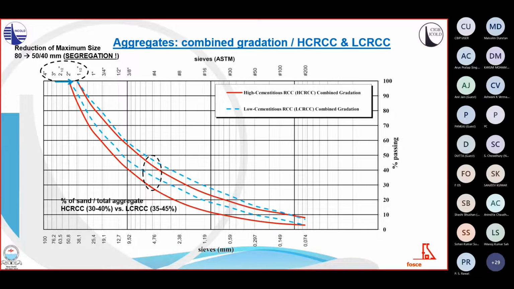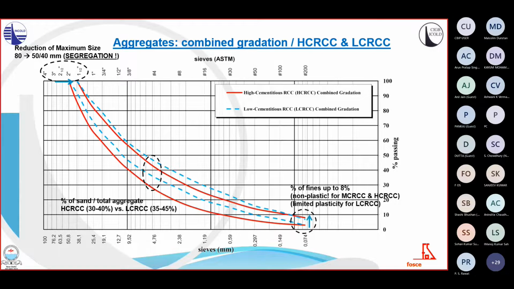Second, a slight higher percent of the sand or fine aggregate in the low cementitious content RCC, LC-RCC, compared with the high cementitious RCC that you can appreciate here in the figure.